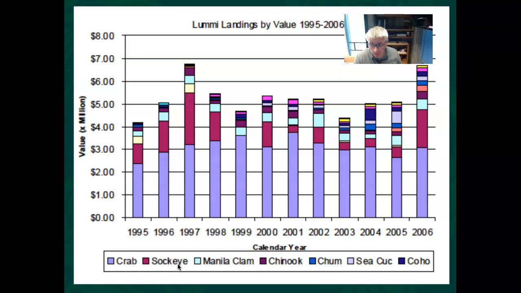It's the Raffiti fisheries: crab, sea cucumbers, sea urchins, geoduck, which aren't on here, are increasingly more and more valuable. And so the Raffiti fisheries really support the bulk of the economic fisheries. This is for Lummi, but it's true for many of the other tribes as well.